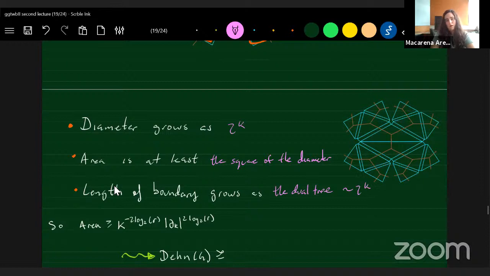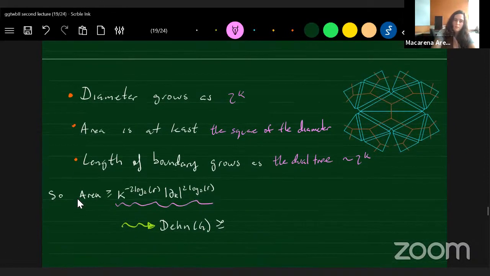And that gives us a lower estimate for the area of each of the diagrams in this sequence. And this tells us that the Dehn function of the group is bounded below by the following function. So it's n squared times the logarithm base 2 of r.